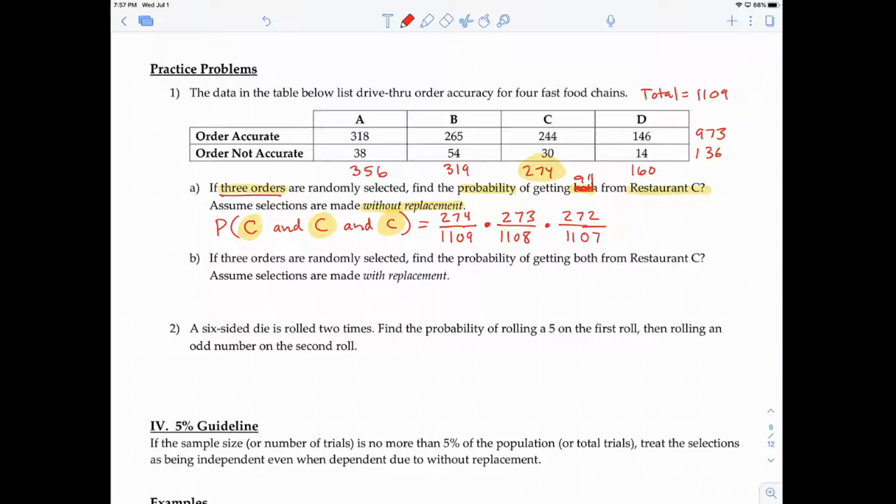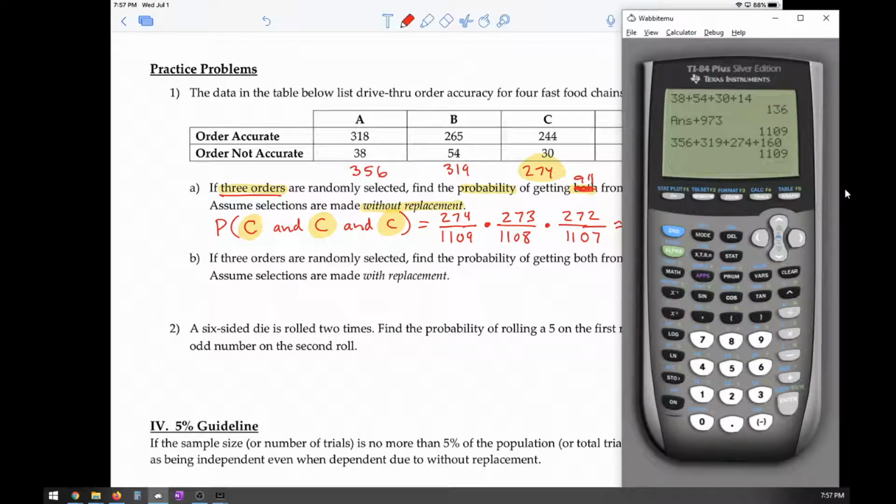1,107, right? So here, again, we're going to multiply straight across. Open parentheses, 274 times 273 times 272, and then close parentheses, that's my numerator there, divided by, open parentheses, 1109 times 1108 times 1107, close parentheses, and we get that.